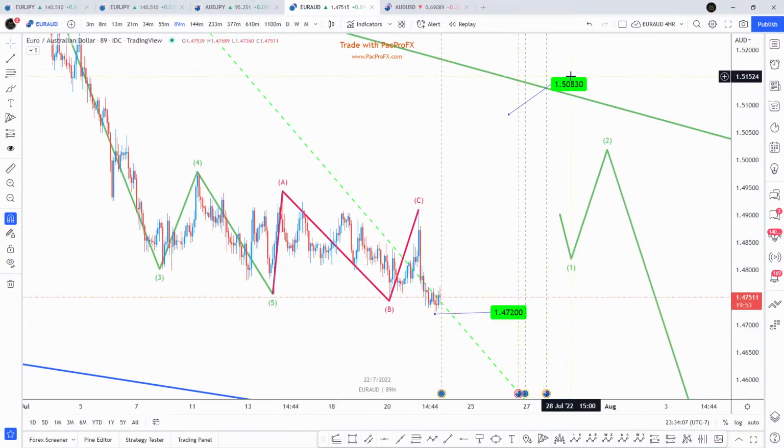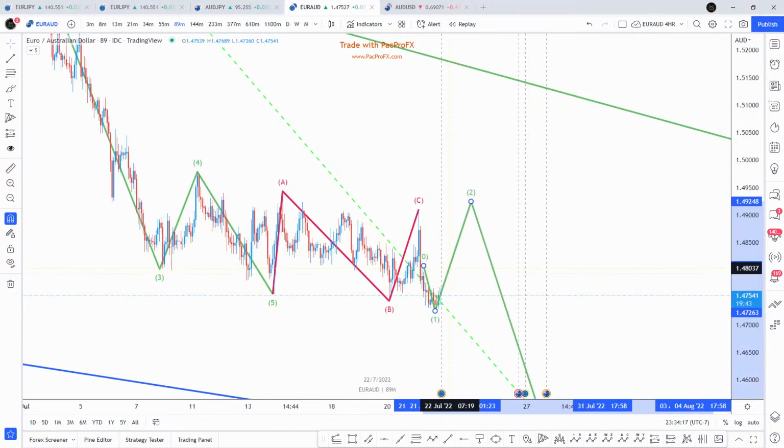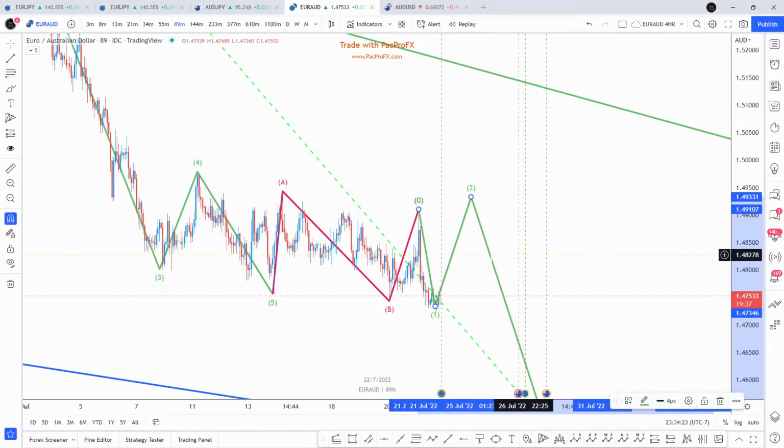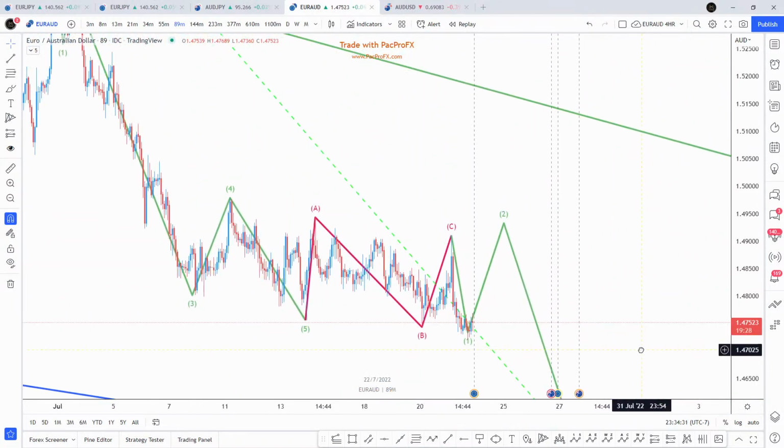So I will have to redo this. Oh, actually, I had it going down anyway. So this was already planned to go down. So it might do that, or it might do a complex correction. Yeah, see, it's going pretty well.